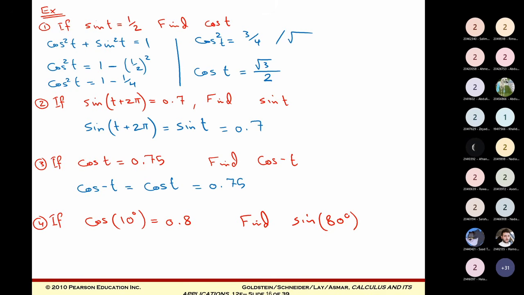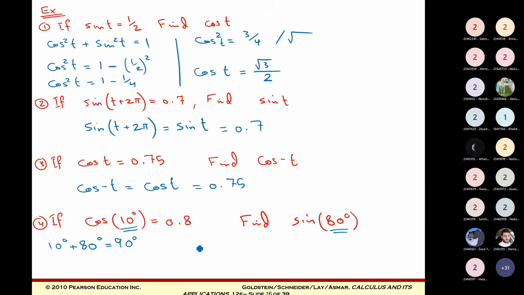Number 4, look at the sine and cosine. The addition of the angles equals 90: 10 plus 80 equals 90.